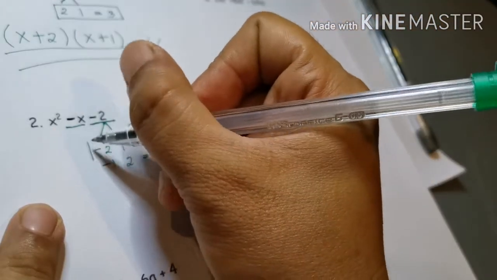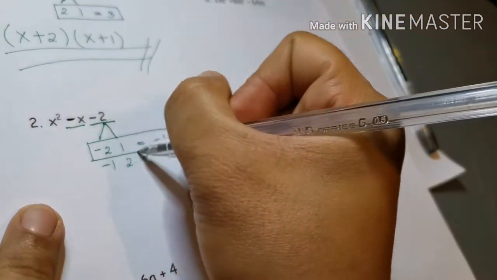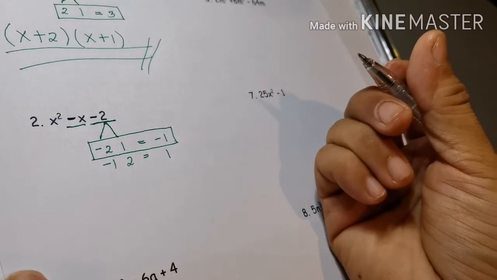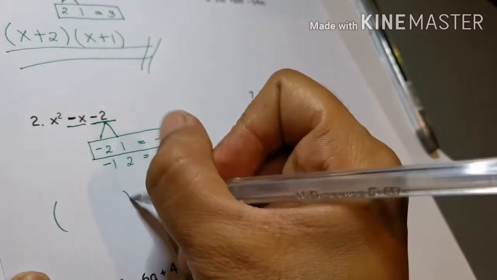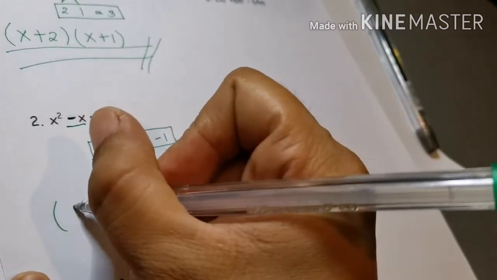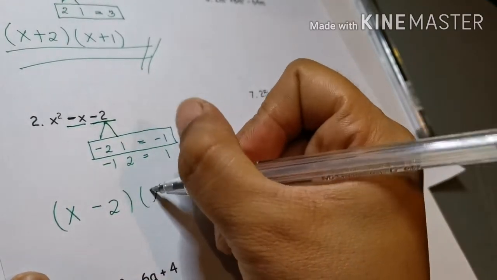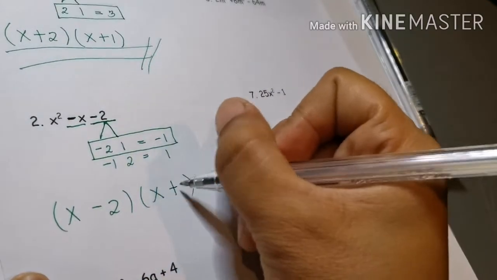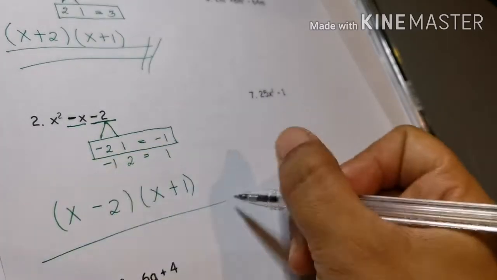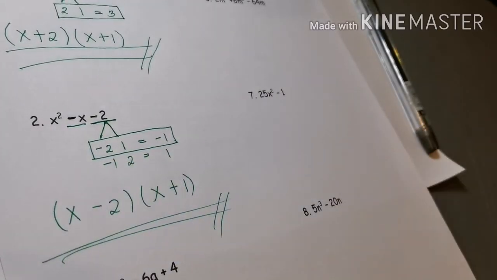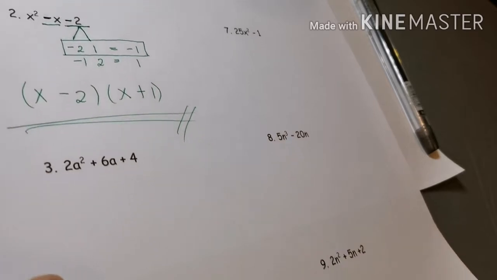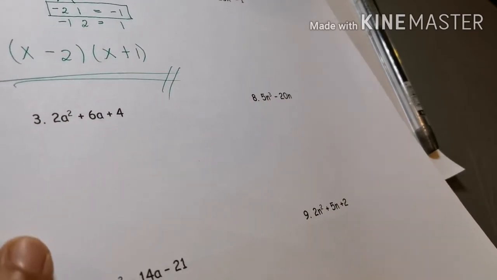Therefore, these are the factors we are looking for. So we can now write our factors as x minus 2 and x plus 1. As simple as that. Now let us proceed to our third example.